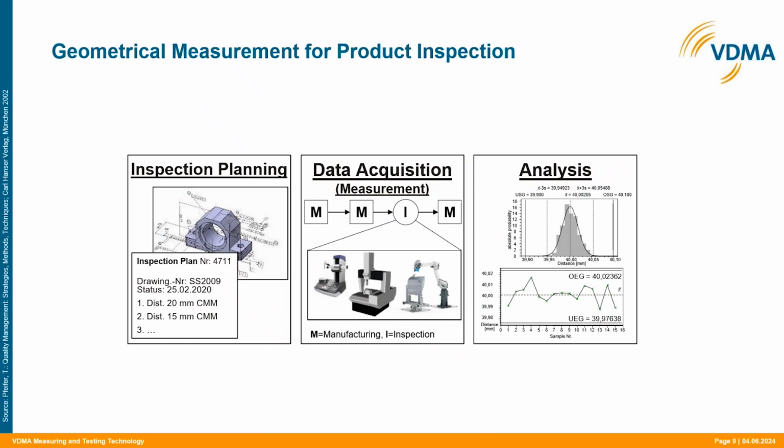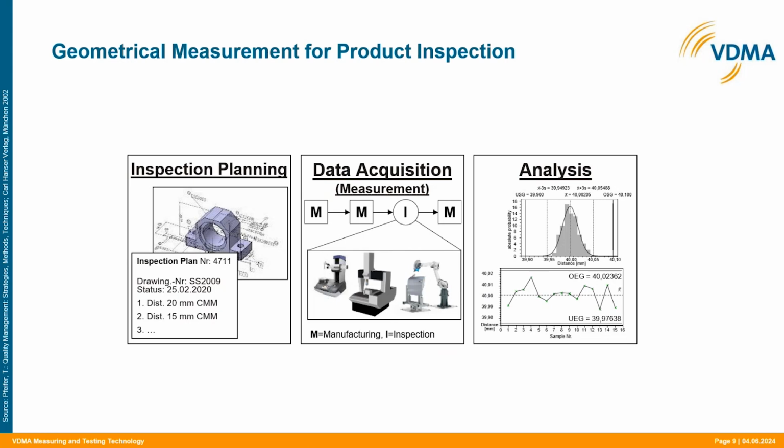As I mentioned before, geometrical measurement systems are an essential part of the shop floor, usually after or close to production. Imagine you have some inspection planning, you have a drawing, and you say, I want this hole to be, I don't know, 0.5 centimeters, and you have some tolerances and the characteristics, the features you want to measure.